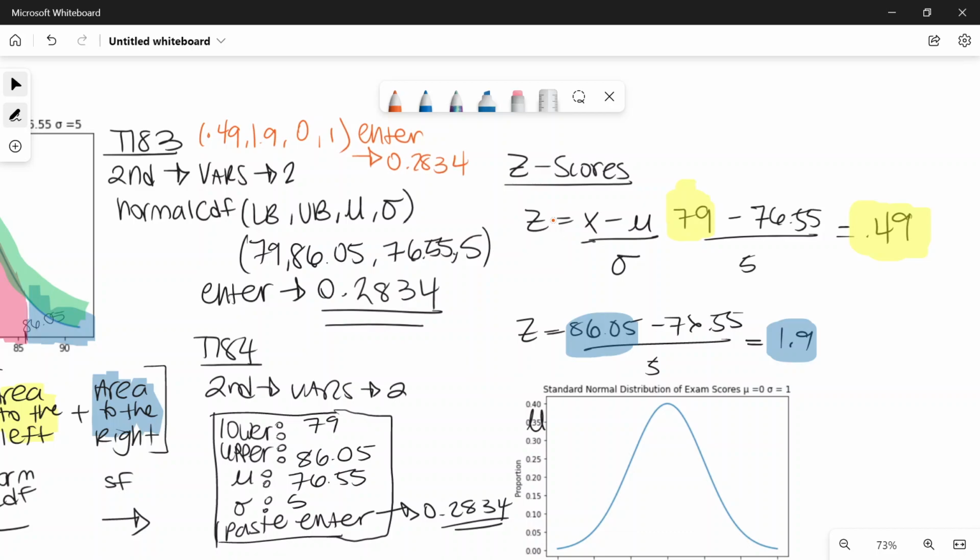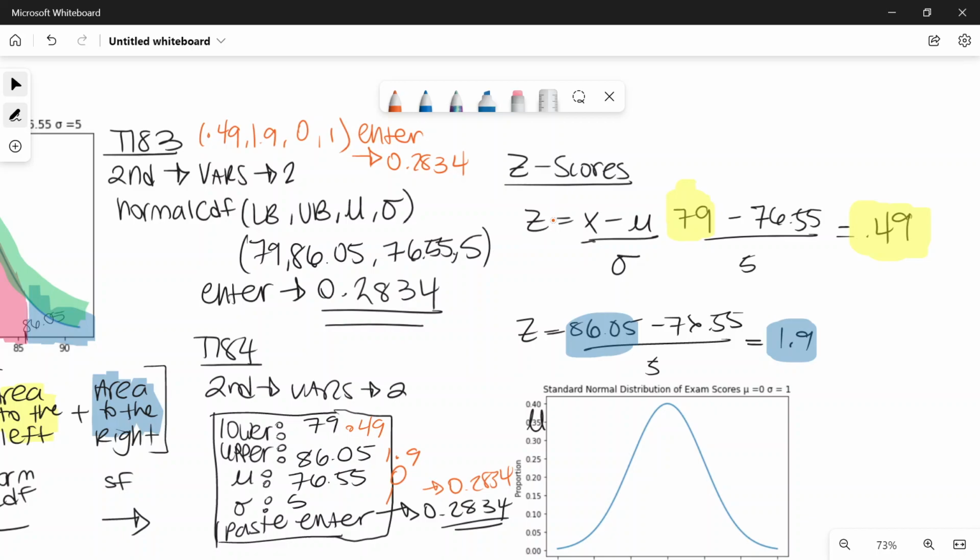And then for the TI-84, it would just literally be 0.49 for the lower, upper would be 1.9, mu would be 0, sigma would be 1. Click enter, and you'll get the same answer, 0.2834.